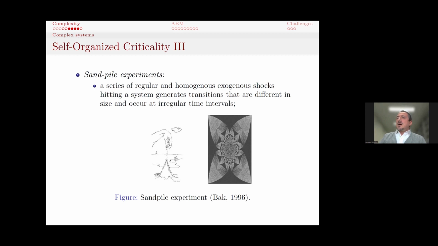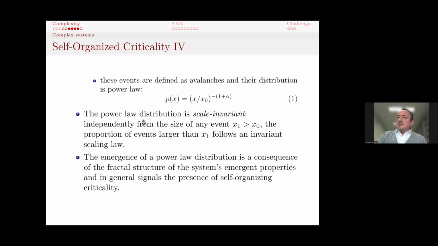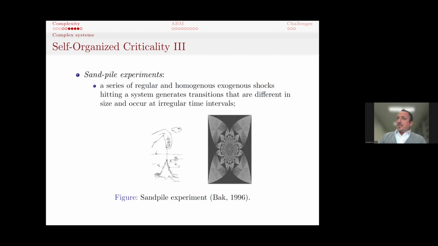And these avalanches will occur at irregular points in time and will have different magnitudes. So there will be smaller and larger changes of the shape of the sand pile, despite the fact that the shock is always the same. The shock is always a grain of sand dropping at regular times. The shape of the different avalanches, so the different phase transitions, will look like a fractal.